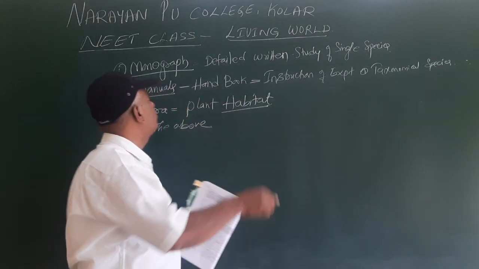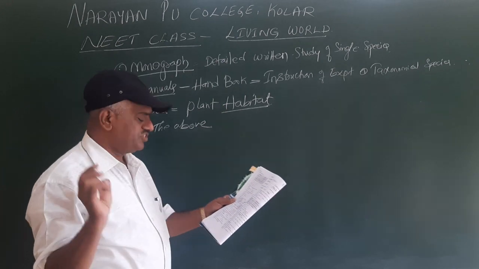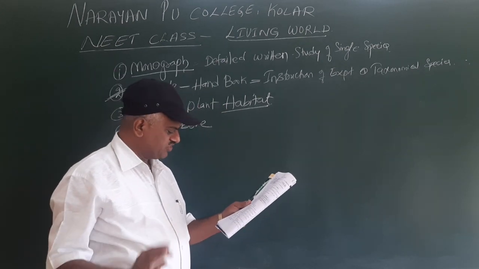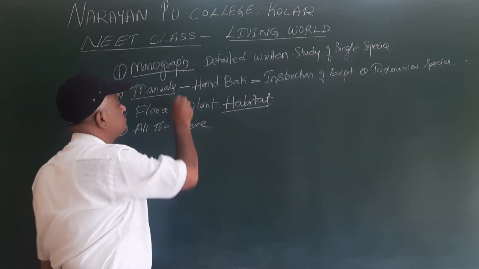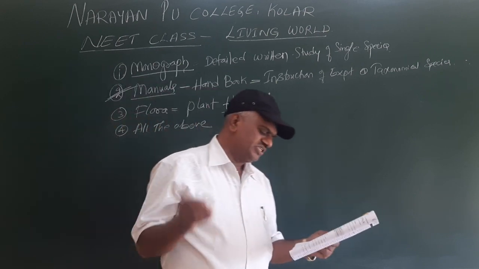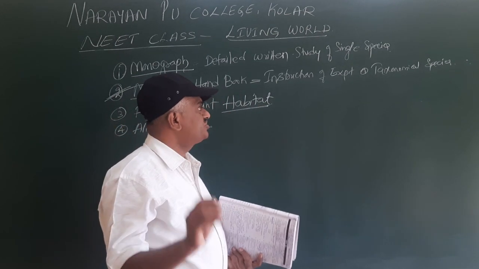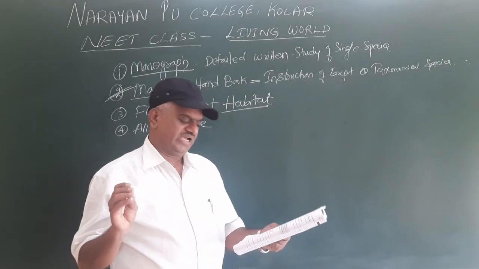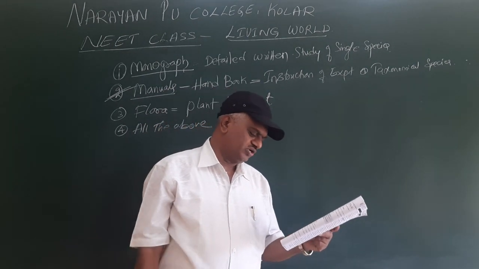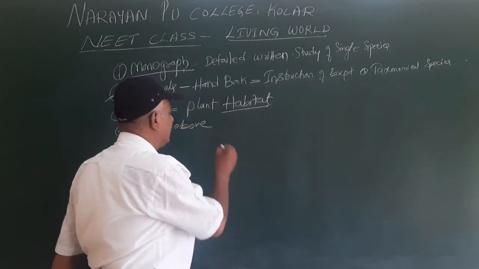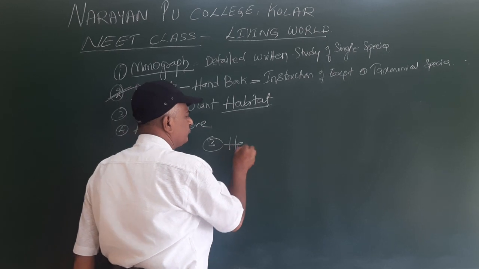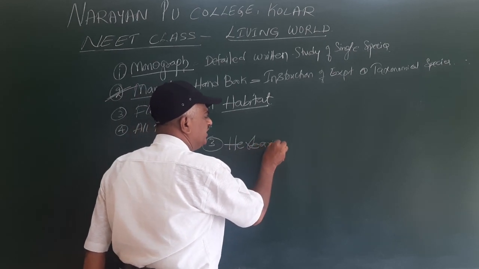As I said, monograph is nothing but a detailed study of a single specimen. It's not the answer. The second one is called manuals. Again, manual is nothing but instructions of one particular taxonomic species. Even that's not the answer. The third one is called herbarium.